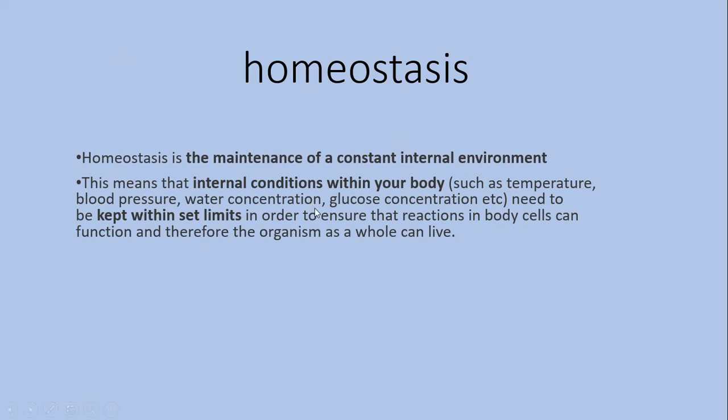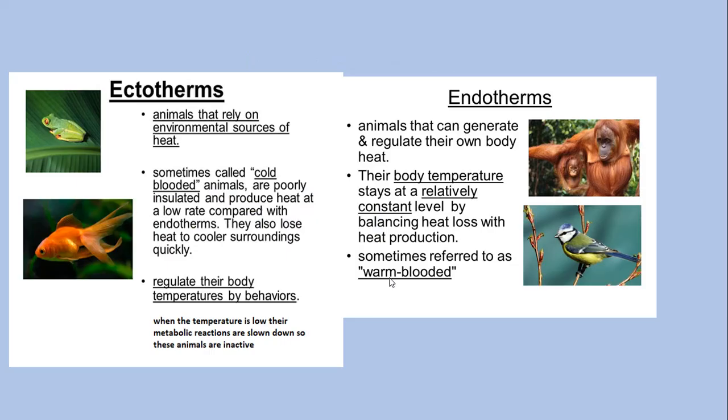And in this chapter, we are going to talk about glucose concentration and temperature regulation. All of these things should be kept constant inside your body. As we know, since we are endotherms, endo means within or inside.